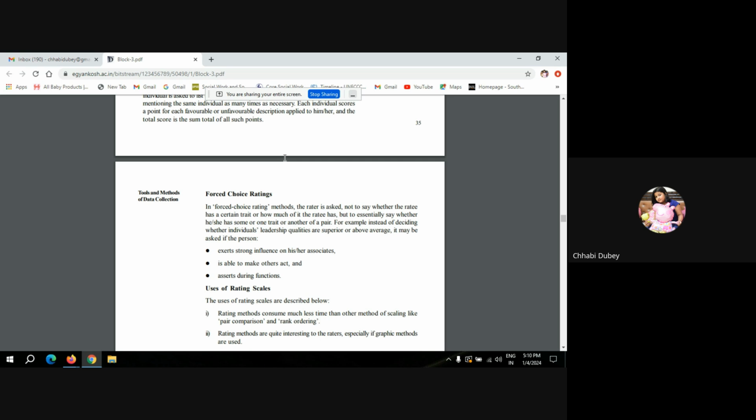For example, we may ask whether a person exerts strong influence on his or her associates, the influence that he or she exerts on others during functions. So these are the forced choice ratings.